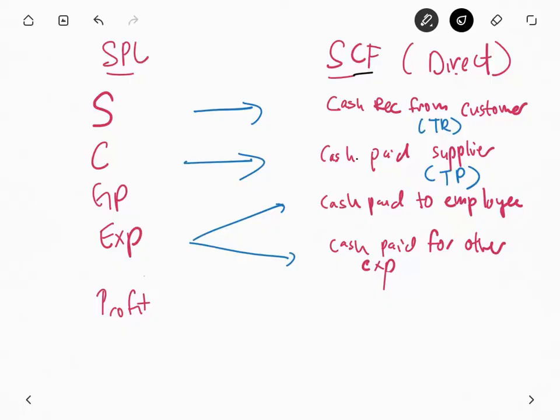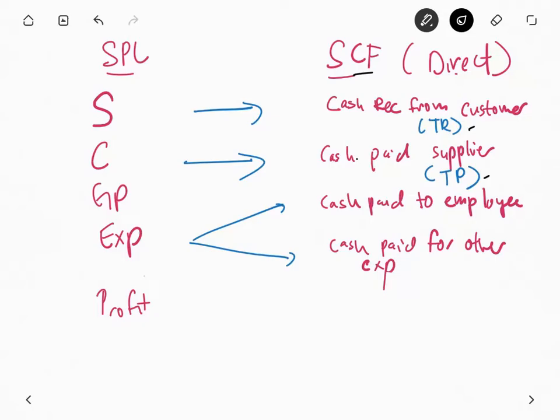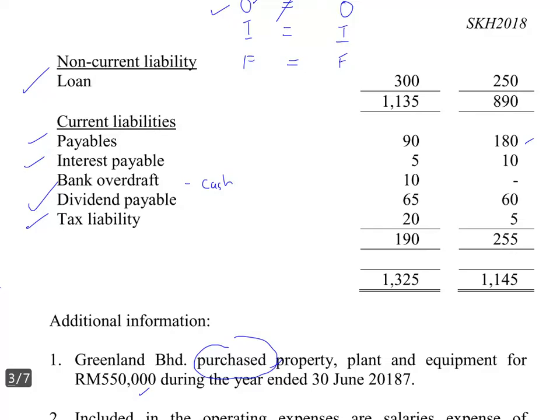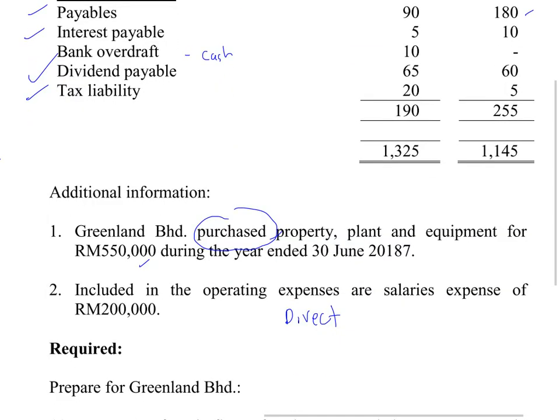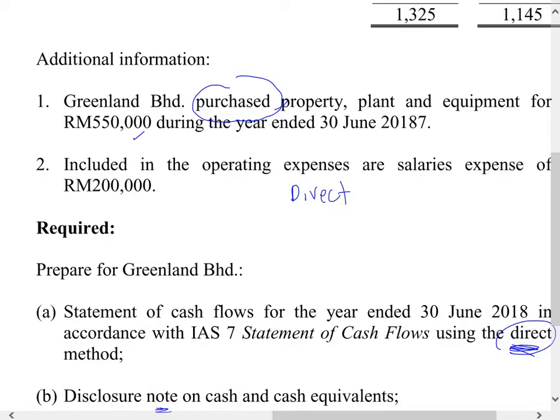So to find cash received from customer, we open the trade receivable account. To find cash paid to supplier, we open the trade payable account. Let's try now, for question 3. We are asked to prepare using direct method.